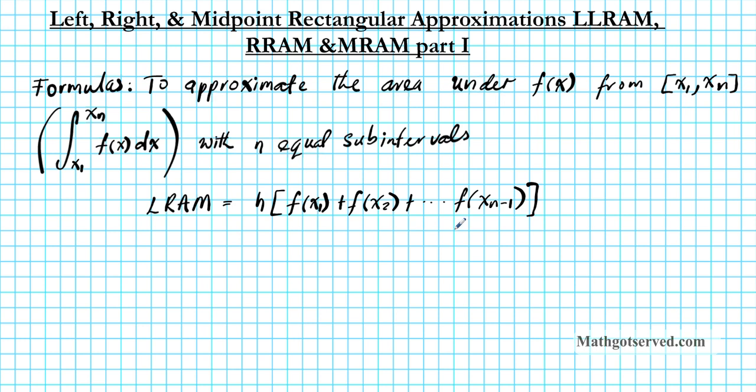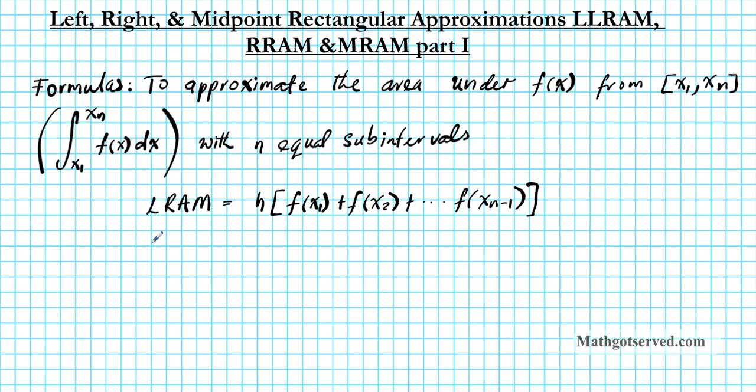One thing to note is that when doing the left-hand rectangular approximation, you take all the points on the interval to the left of your right endpoint. The right endpoint is x sub n, so all the points to the left of that, starting from x sub 1, are used. That's why we have x sub n minus 1 as the last height.